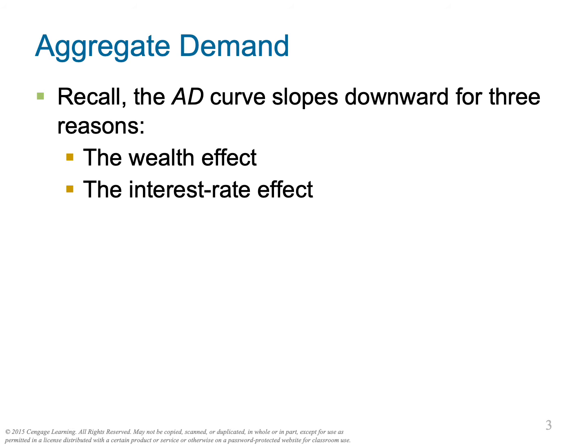Another reason it's downward sloping is because of the interest rate effect. That basically has to do with the fact that when the price level goes down, one of those prices is the price of borrowing money, which is an interest rate. So as the interest rate goes down, people borrow more money and spend that money.